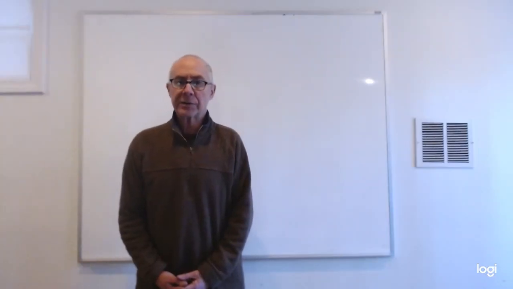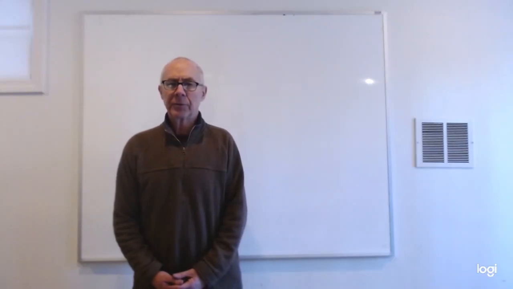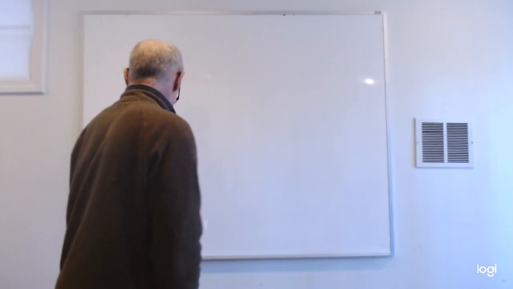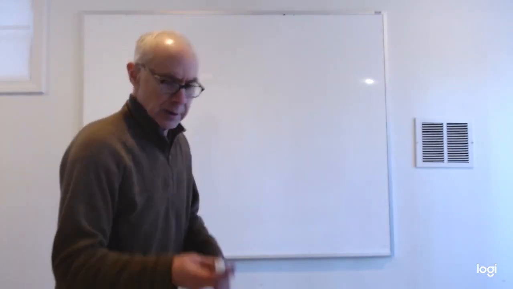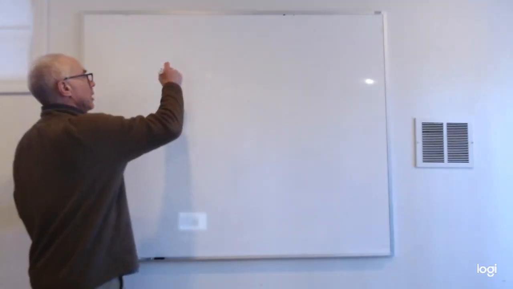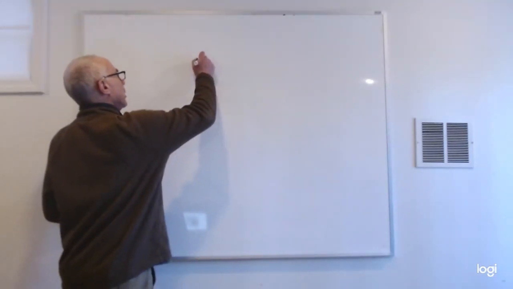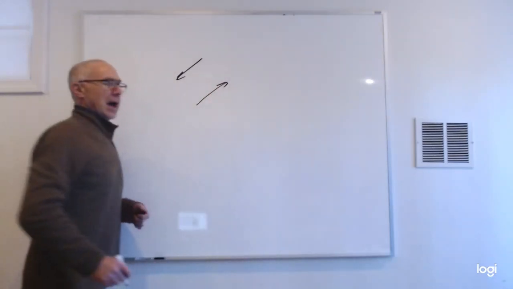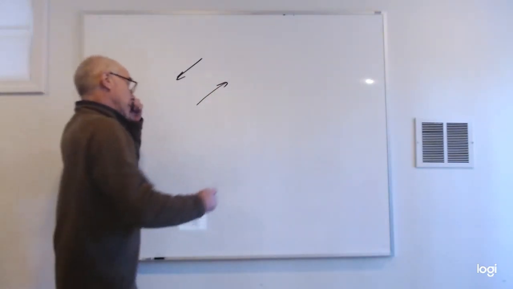All right, so we're going to talk today about a moment resulting from what's called a couple. A couple is just two forces equal in magnitude and opposite in direction. So this is a couple.